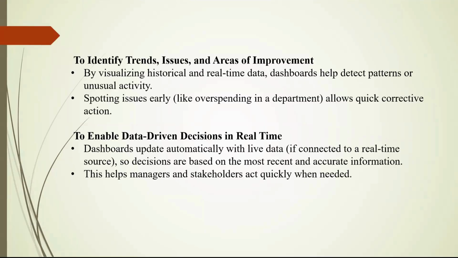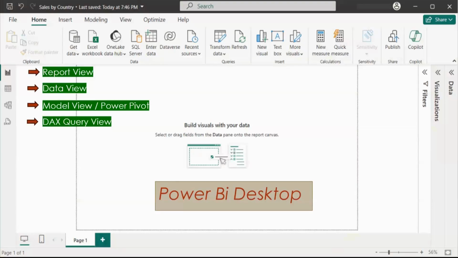Now let us move on. This is the first view of the Power BI desktop. As you open this app, this will be the view you see. You will see a clean layout with menus at the top, like Home, Insert, and Modeling tabs.